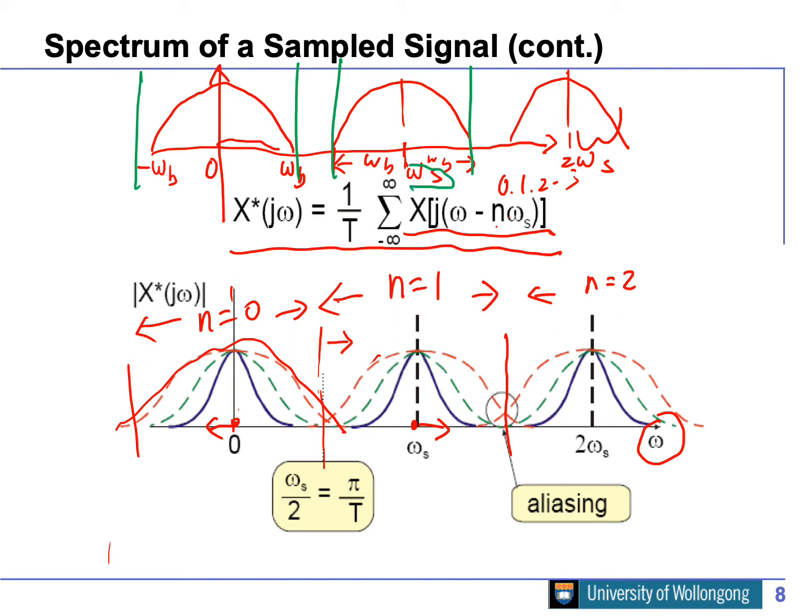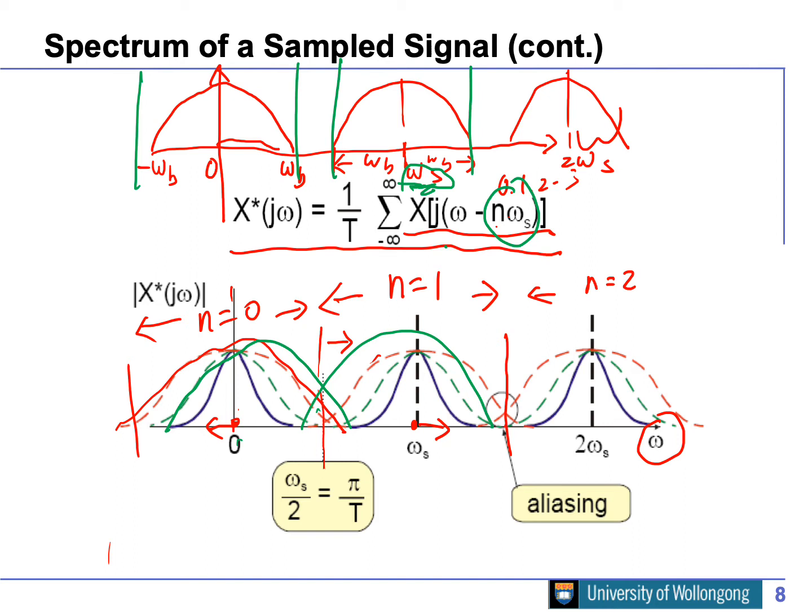If our omega s is smaller than twice omega b, then it will be like this case. So these two actually overlap each other. Because sampling will create a train of frequencies from the basic frequency. It always has a mapping at every multiple of the sampling frequency, which you add on to the base frequency. So that's why our sampling frequency must be large enough.